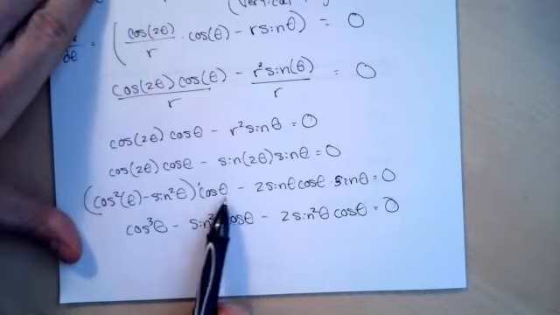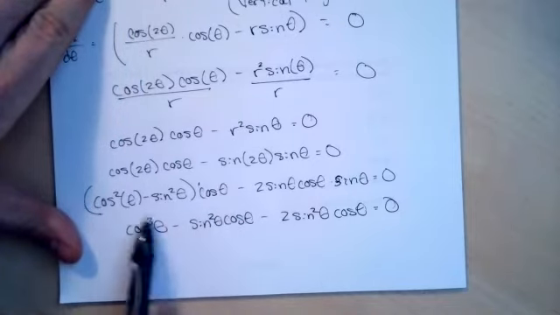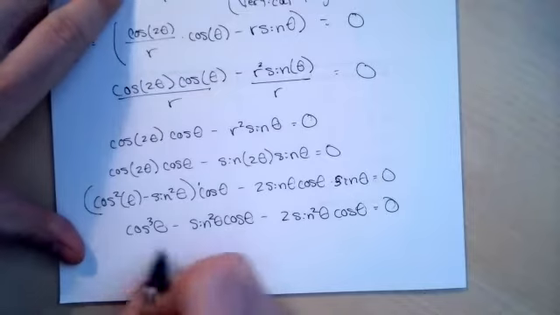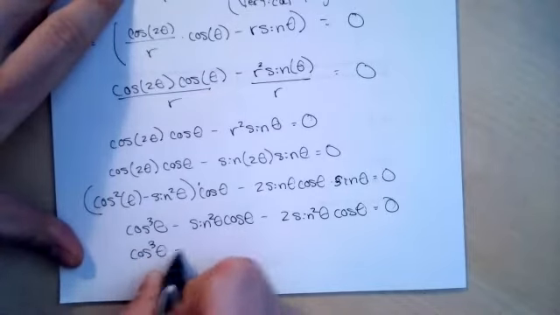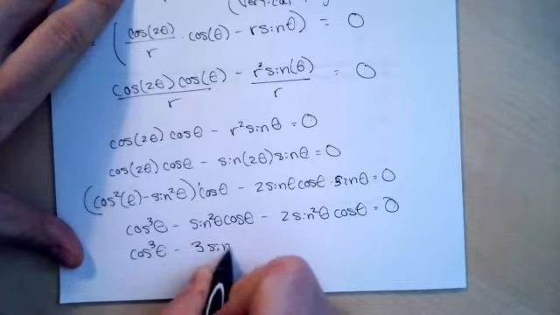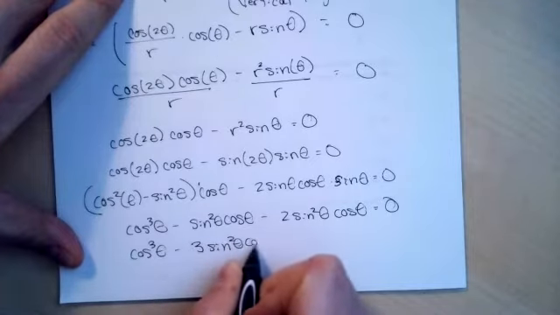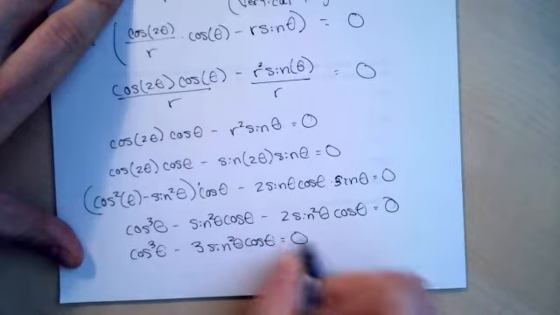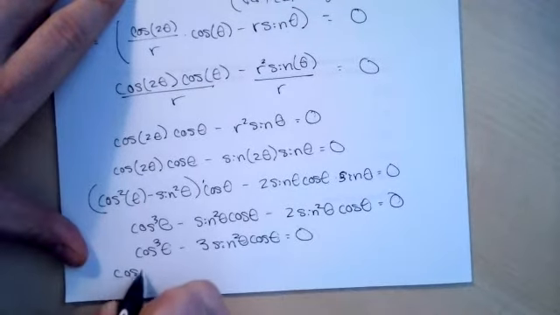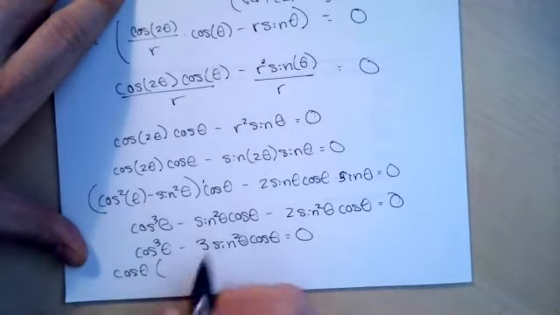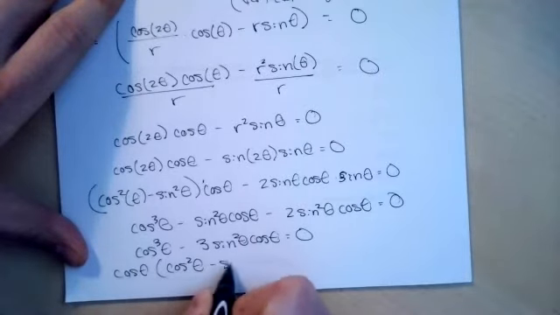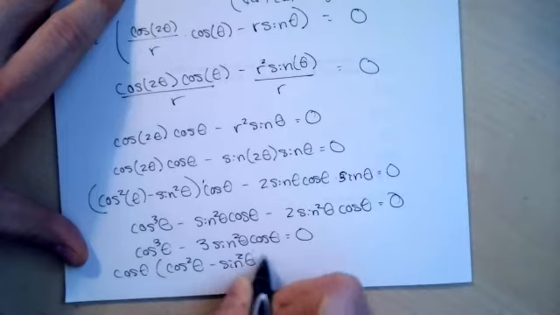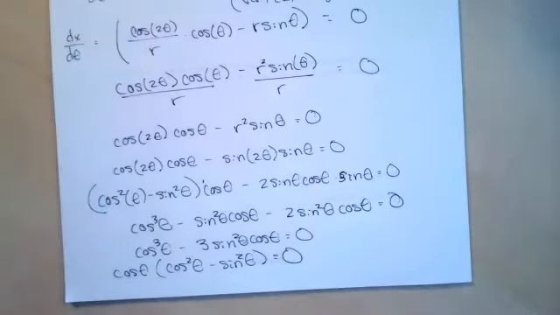Did I get all the minus signs right? That should be a negative. That should be a negative. So it is a minus 3. Okay, so we've got cosine cubed theta minus 3 sine squared theta cosine theta equals 0. So factoring out our cosine theta, and then we've got cosine squared minus sine squared equals 0.